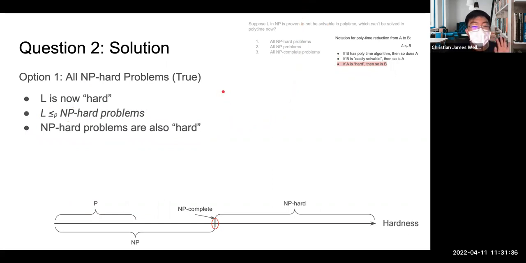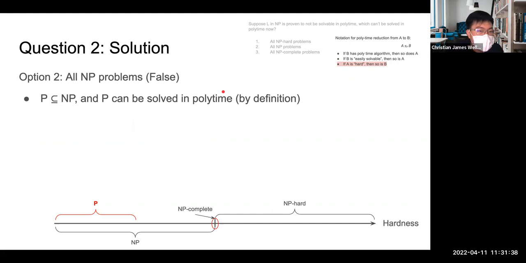Option 2 is false, because we already know that P can be solved in polynomial time. It's a set of decision problems that can be solved in polynomial time. So it doesn't say anything about the entire NP now not being solvable in polynomial time, because P is indeed solvable in polynomial time. So option 2 is false.